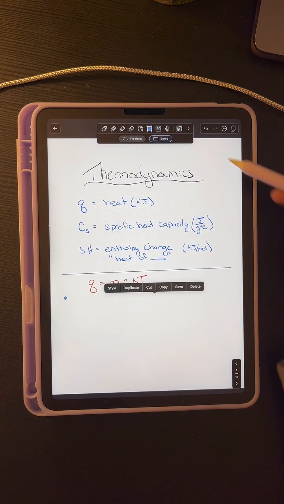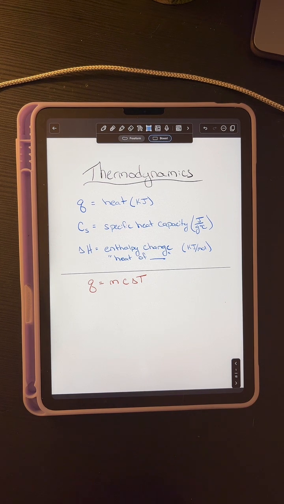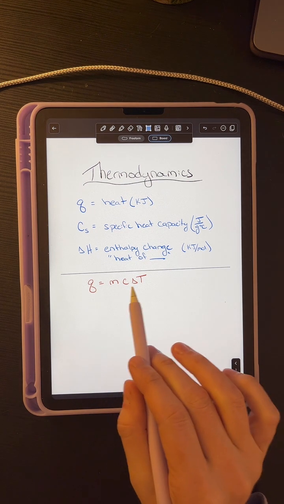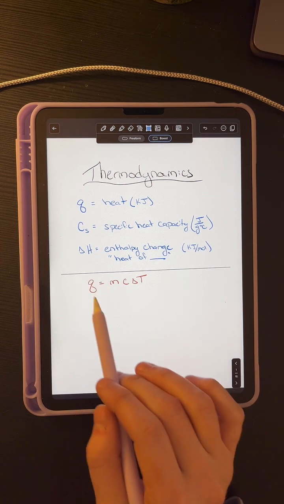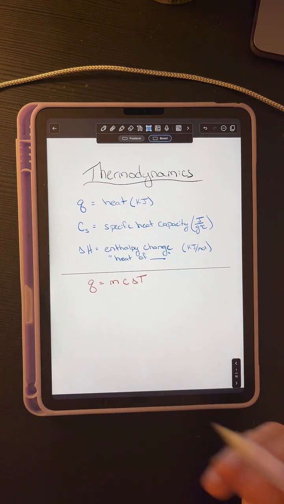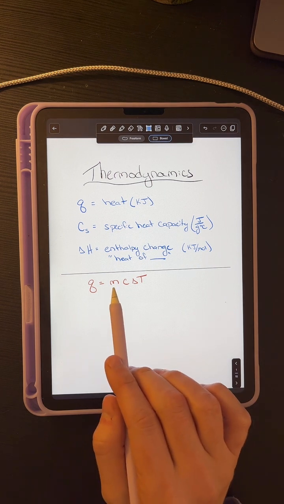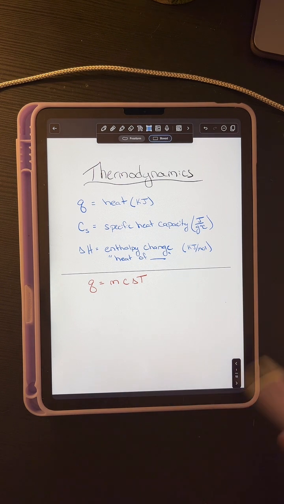Now we get into our equations. Yes, it is chemistry. The first one that everyone should know is Q equals MCAT, or Q equals M times C times delta T. This is a way for us to figure out the amount of heat that a reaction or something is either absorbing or releasing based on its mass, its specific heat capacity, and the change in temperature.